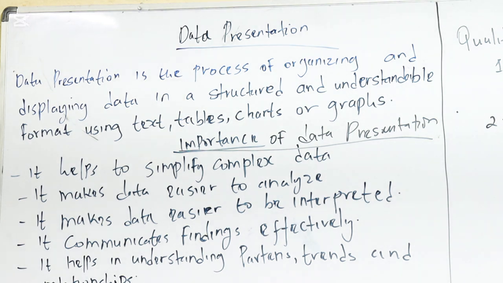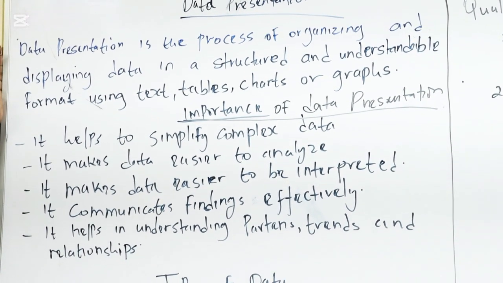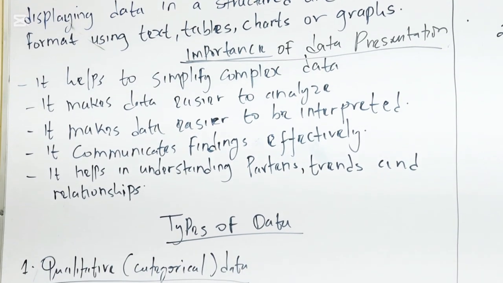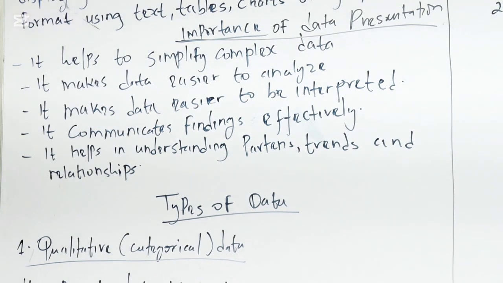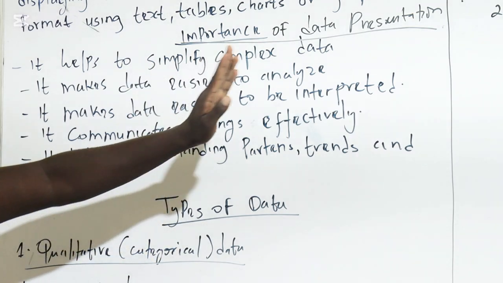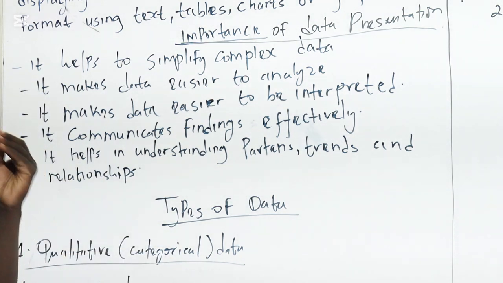Then number four, it communicates findings effectively. Data collection, data presentation, data analysis, these are the main components of statistics. You must collect the data, organize the data, interpret the data, and communicate the findings effectively. You can't give a conclusion or inference before the data is collected, organized, presented, or interpreted.